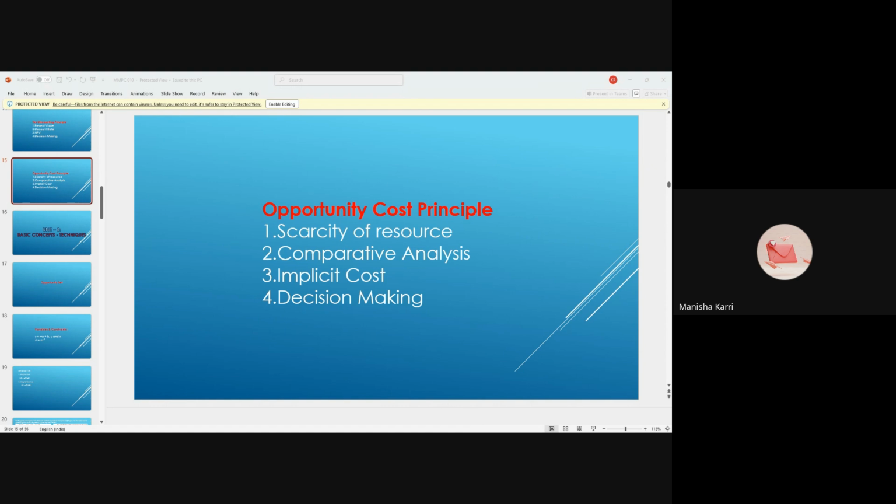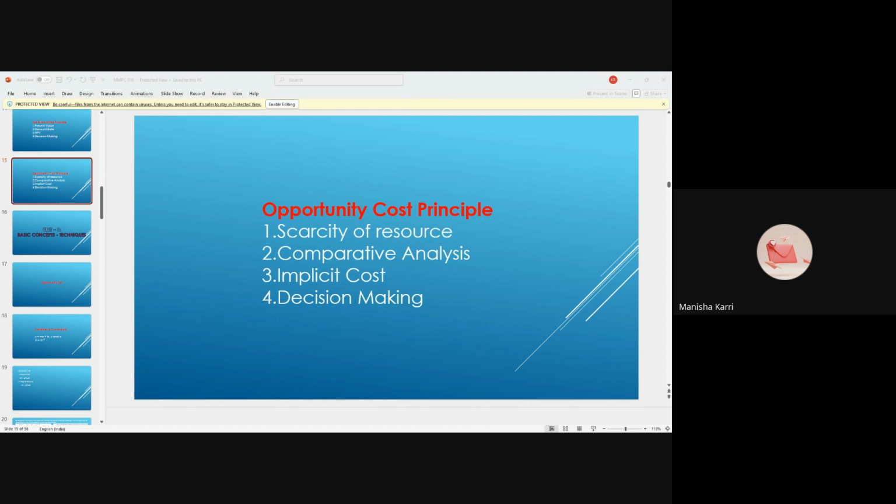Coming to implicit cost, these are the costs associated with using resources that are not explicitly paid. For example, the opportunity cost of using a piece of land for farming is the value that could have been generated by using the land for another purpose, such as building residential properties. This is nothing but implicit cost.